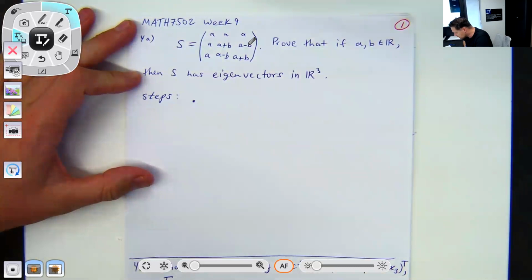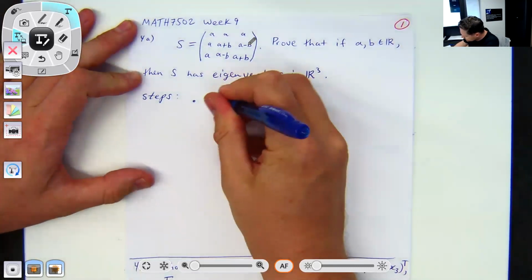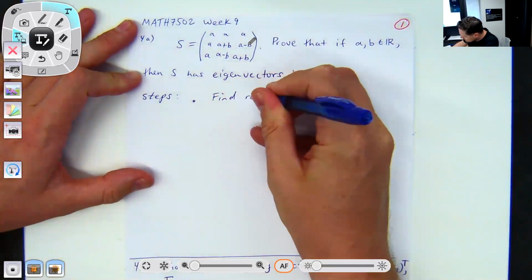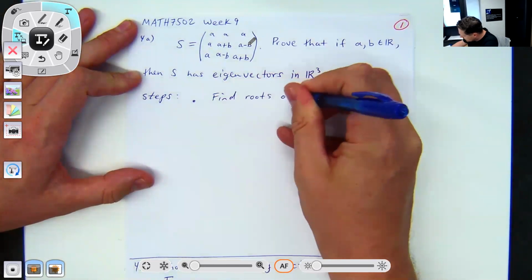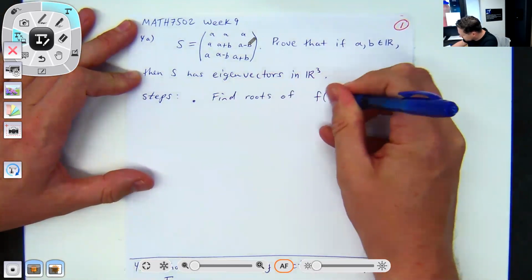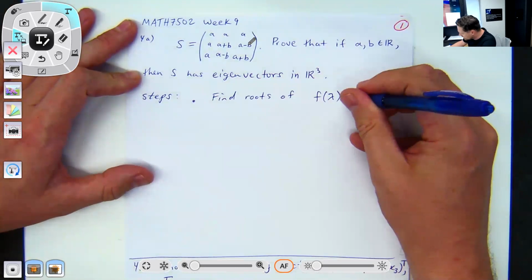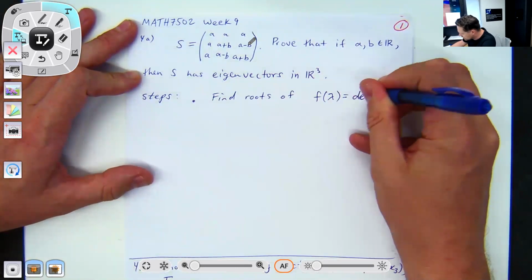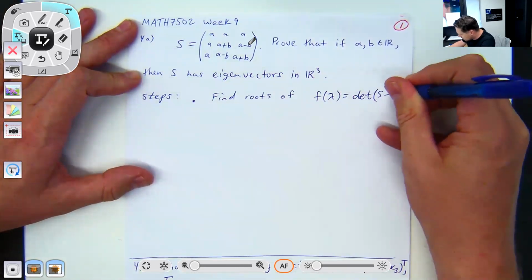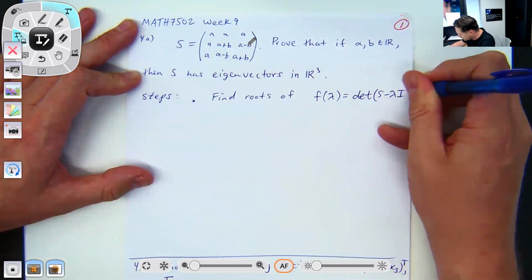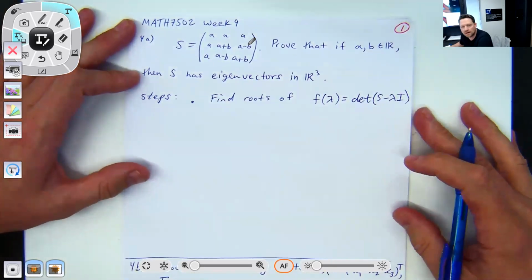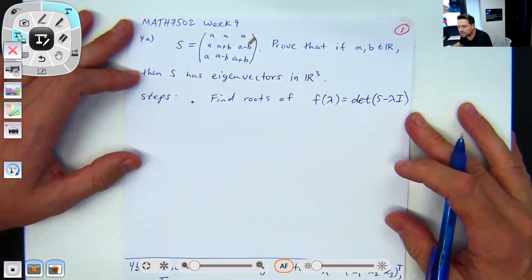Okay, so the steps of this. First, you want to find roots of a cubic polynomial, f of lambda, and that's going to be equal to the determinant of S minus lambda I. Remember, this is how you find eigenvalues.